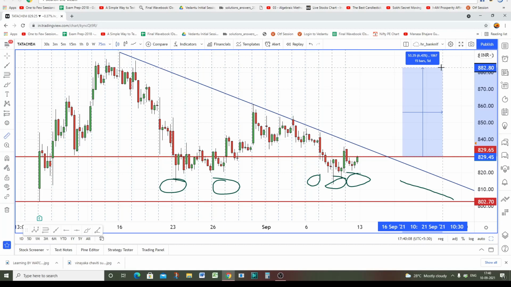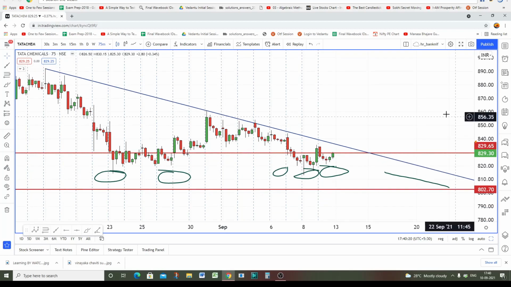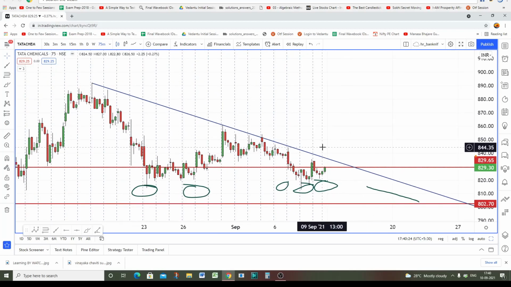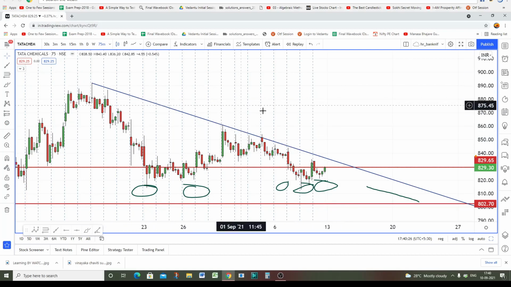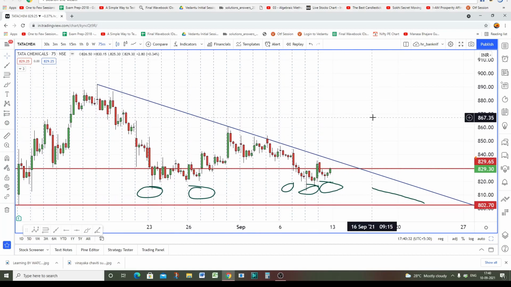Initially it appears to be in a sideways pattern, but if we have the time to spare, nearly 2 months or more, then under such conditions Tata Chemicals looks like a good stock that can make some money in the upward direction, friends.